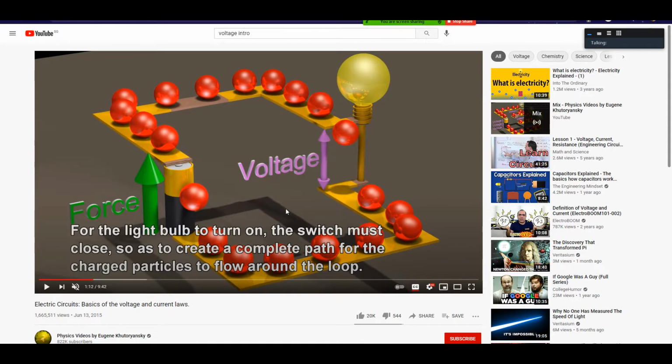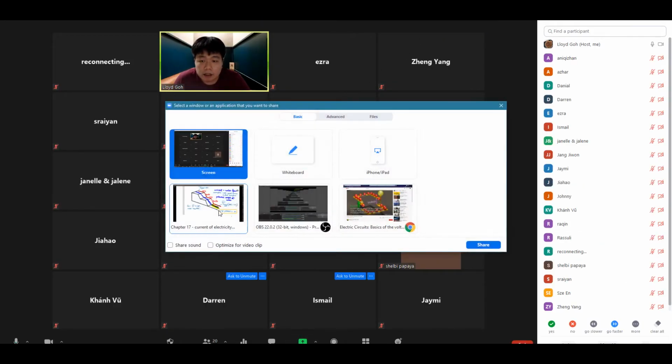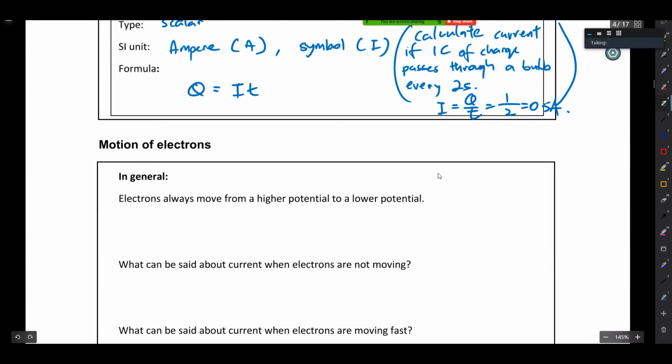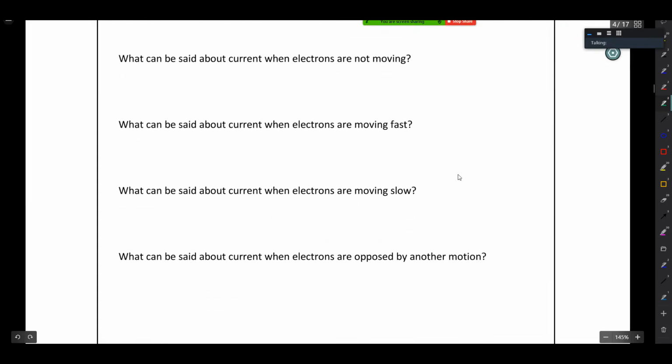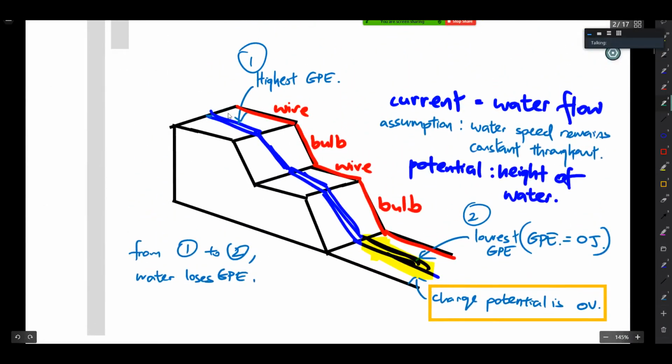Of course, that is not 100% true because wires are at most 99% efficient. What's happening is that it actually produces heat, and the heat causes the energy to be lost. But we assume no energy loss, and therefore the energy will always be the same, and the electrons will always be on the same platform, which is somewhat like this analogy.